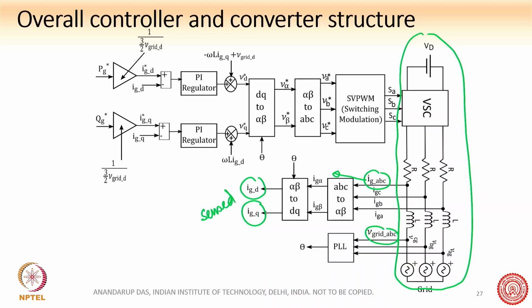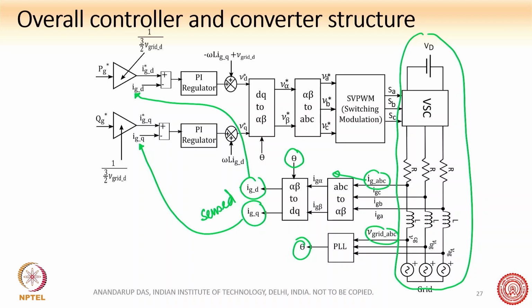We have of course used the theta, and this theta is obtained from here. So the IGQ goes here and this IGD goes here. These are the sensed values.